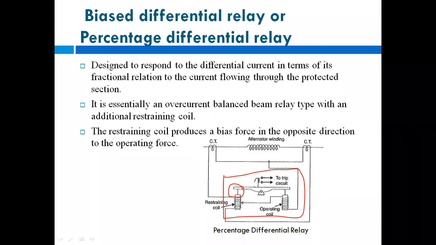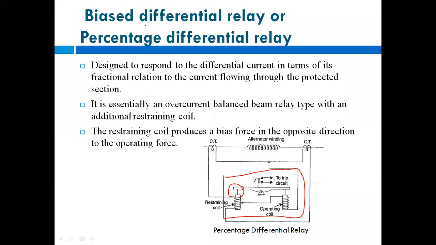But if a fault occurs, the current flowing through this operating coil will increase, and it will close the contacts of this relay, and the signal will be sent to the circuit breaker, and your circuit will operate there.